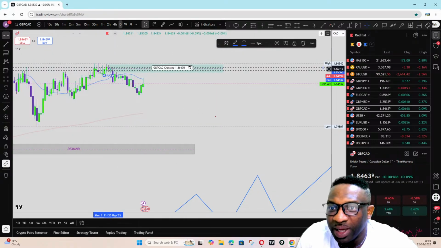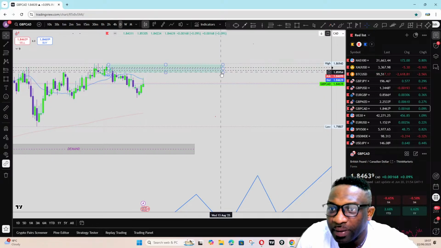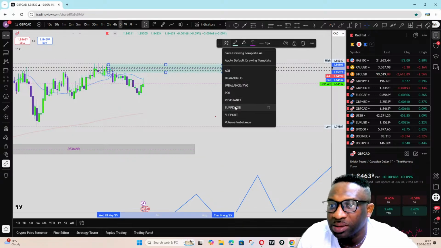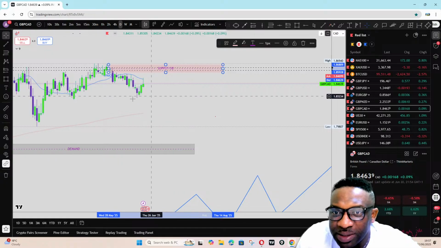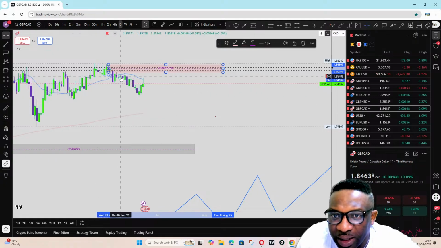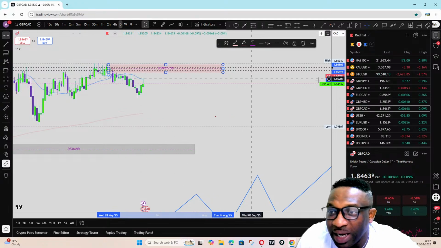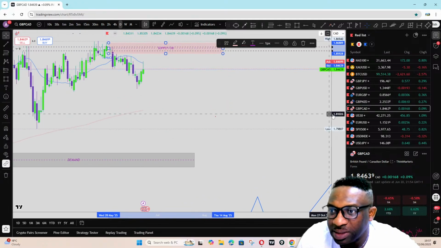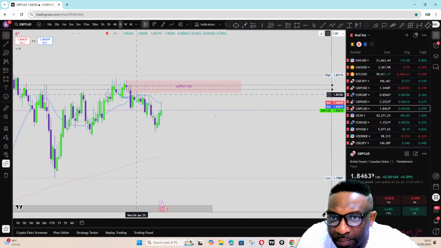So that now becomes our area of interest. Let's mark it as a supply area. Let's see if we can identify any imbalance attached to it. It's a very tiny one that I can see, a very tiny imbalance.